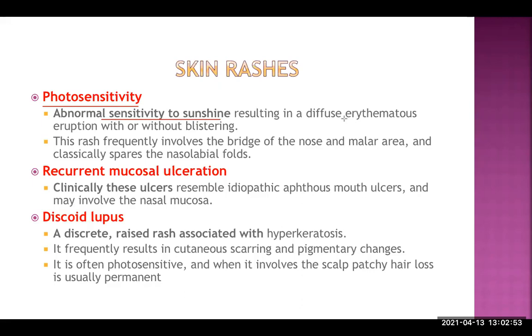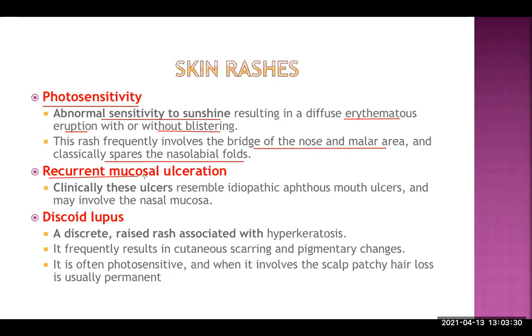It can also result in erythematous eruption with or without blistering. The whole skin may become red, and sometimes there may be blister formation also. This is the reaction of photosensitivity. This rash frequently involves the bridge of the nose and malar area and classically spares the nasolabial fold. These are typical features of SLE especially.